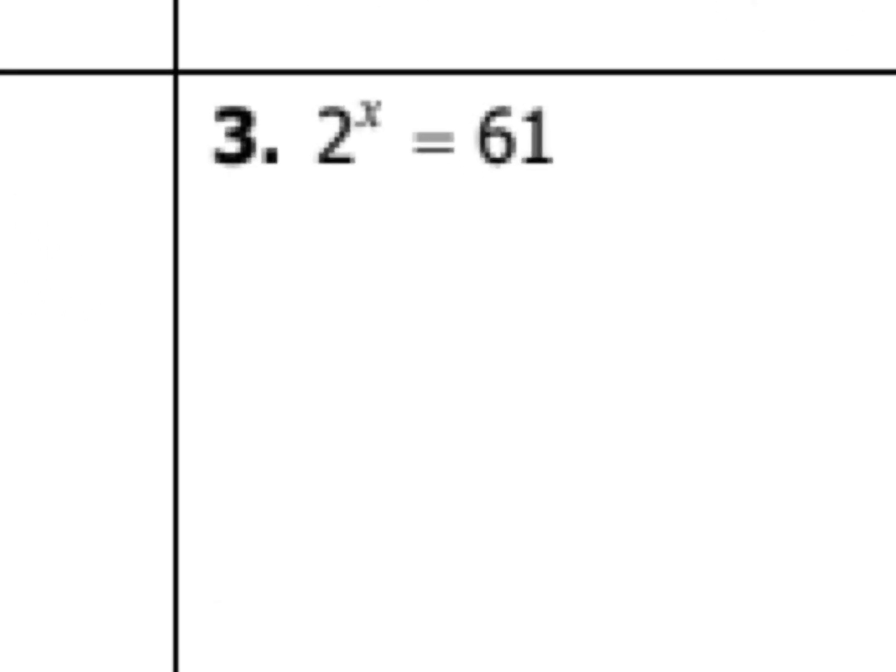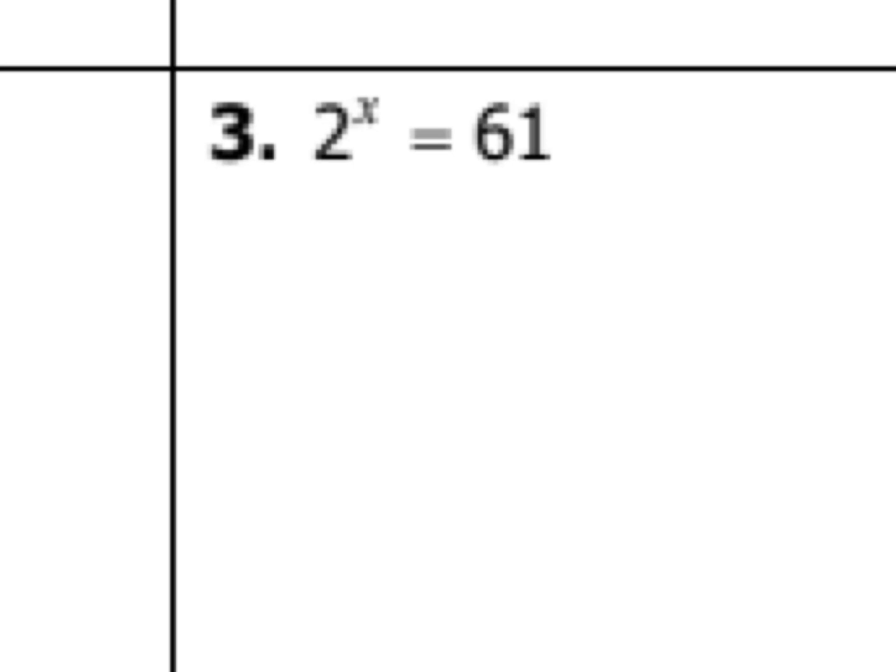So here we go. Is my exponential on a side by itself? Yes, 2 to the x is on a side by itself. So here we go. Log base 2 of 61 equals x. And you just took a quiz over how to type that left side in the calculator, so you should be good on that. Tell me though, how do you type it in? Gotta have the log button.